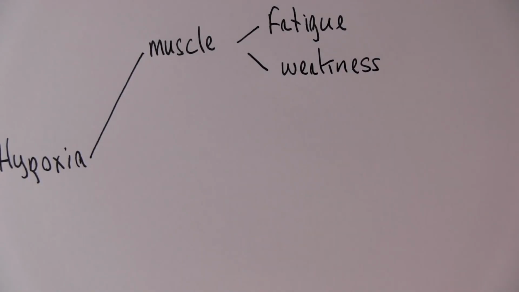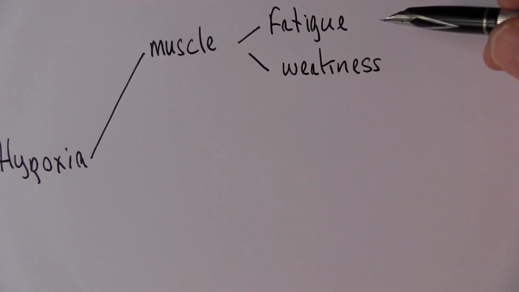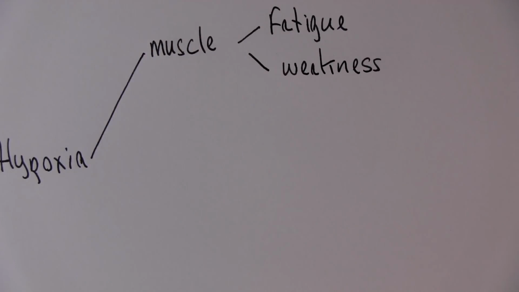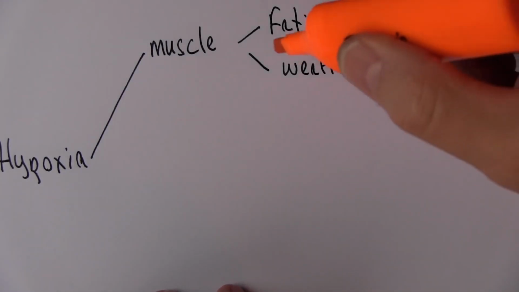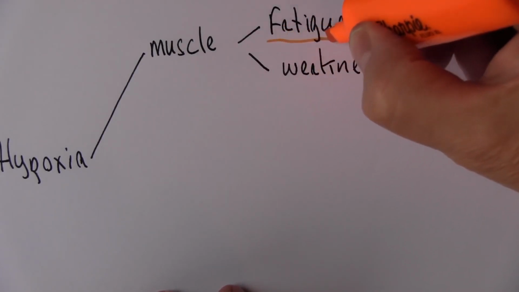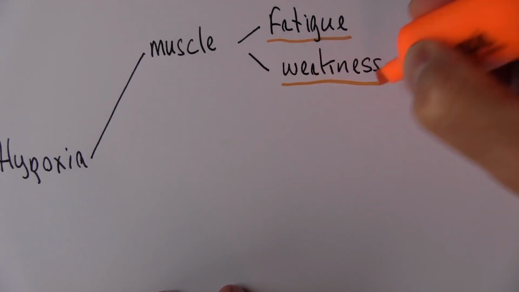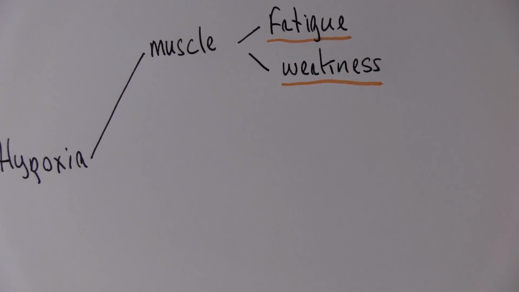And people with anaemia often complain of muscle weakness and muscle fatigue. So these are the actual clinical features that we can recognise. Well, these are symptoms really. The patient will complain of fatigue and complain of weakness when the anaemia is more severe.